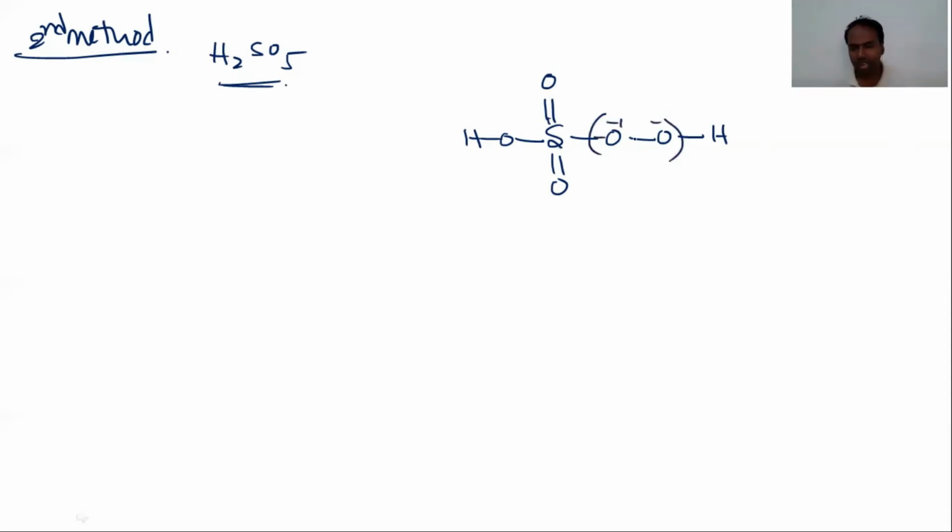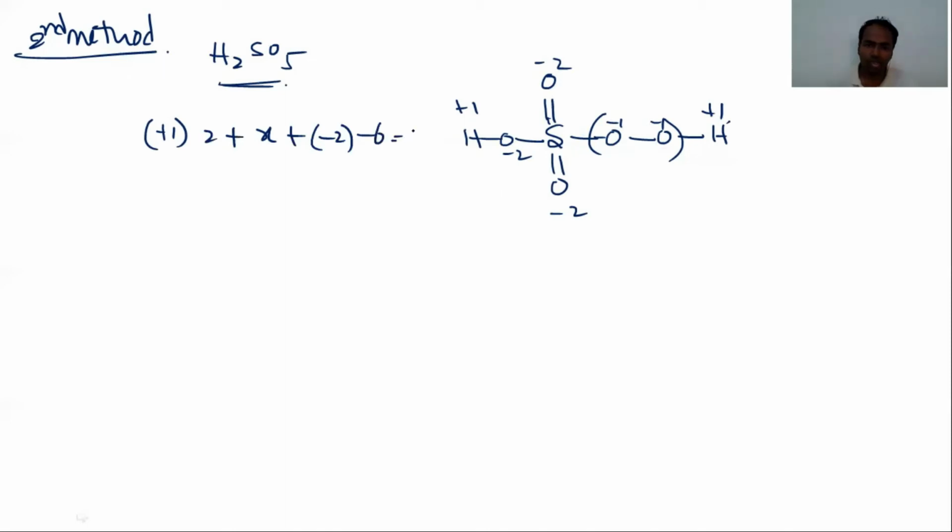If you know the structure, it is very easy. So -1, -1. The remaining 3 oxygens are -2 each. These hydrogens are +1 each. Now find the sulfur. 2 hydrogens are +1 into 2. Sulfur X. These 2 oxygens are -2, and the remaining 3 oxygens give -6, equal to 0.